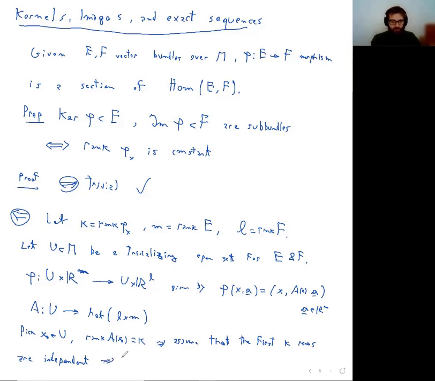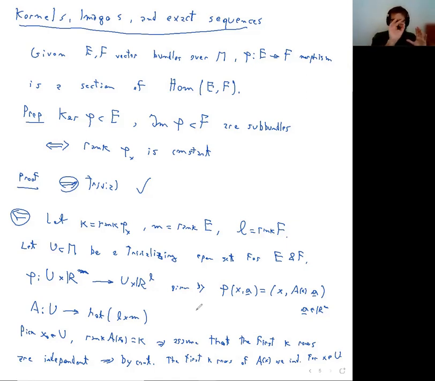And now by continuity, the first k rows of A(x) are independent for x in, well, technically not in U, but we can restrict U, okay? And what I mean by continuity: for the first k rows to be independent means that some minor is non-zero, right?